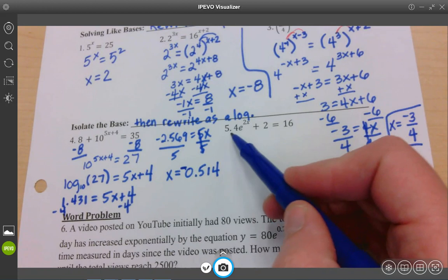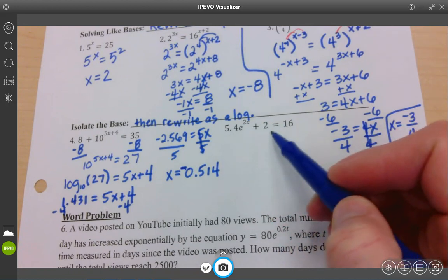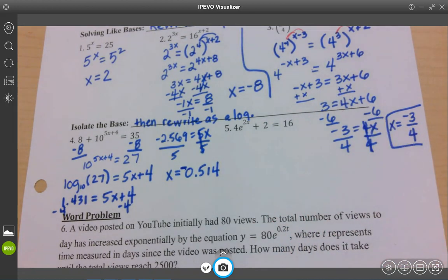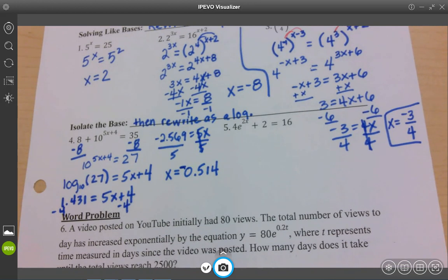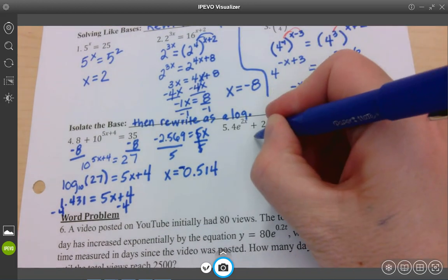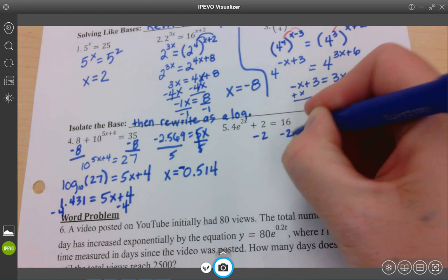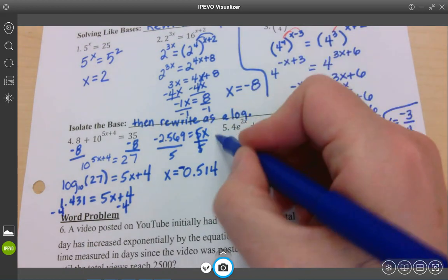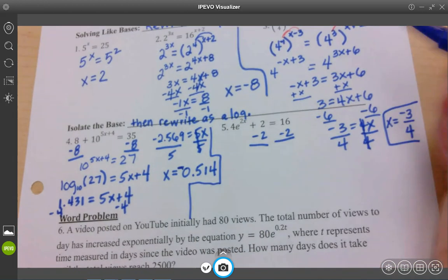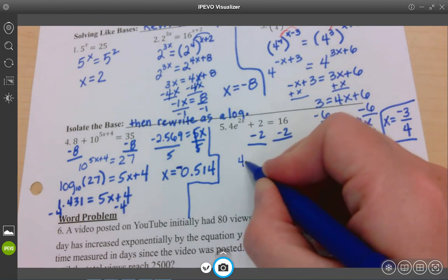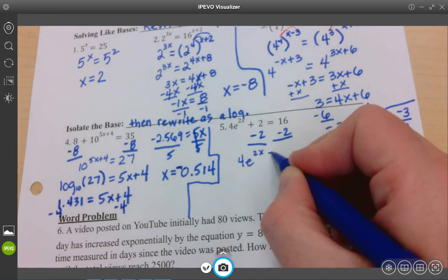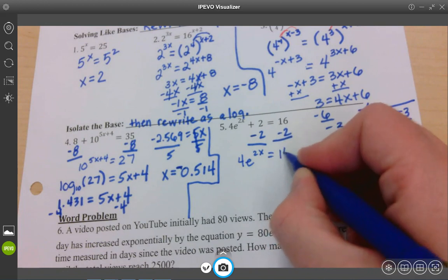All right, so I have 4 times e to the 2x plus 2. What do we undo first? The times or the plus? The plus 2, right. So we're going to subtract the 2 first. I have 4e to the 2x equals 14.